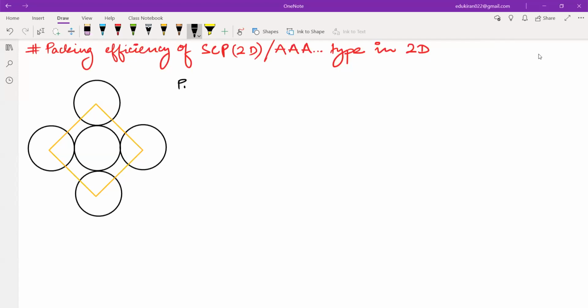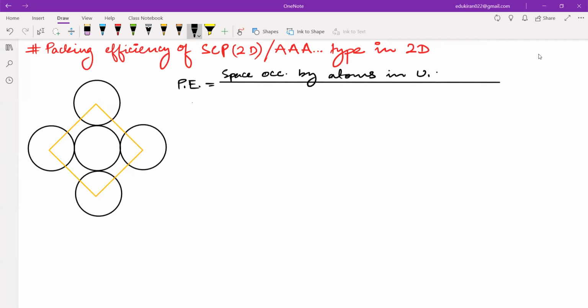Fatima, tell me what is the formula for packing efficiency? Packing efficiency is equal to the space occupied by atoms in the unit cell divided by the space occupied by the unit cell, into 100.